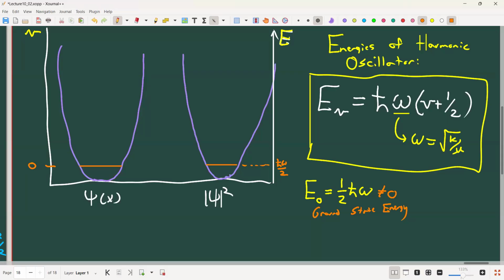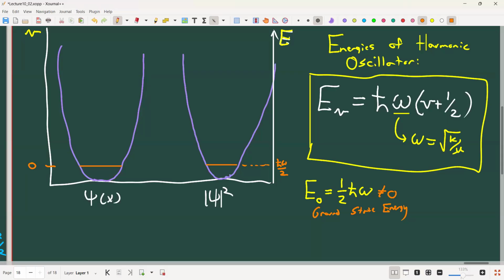We're going to look at the consequences of that a lot. This is a universal concept. Anything that's what's called an oscillator in quantum mechanics always has residual energy. It never has 0 energy, by definition. This is a consequence of the Heisenberg uncertainty principle, that we can't know position and momentum at the same time.